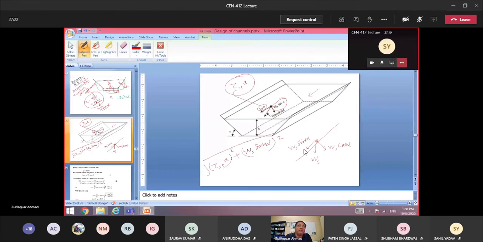This is the resultant force acting, and it will be balanced with WS cos alpha and of course tan theta. So this is the equation for the stability of the particles on the side.